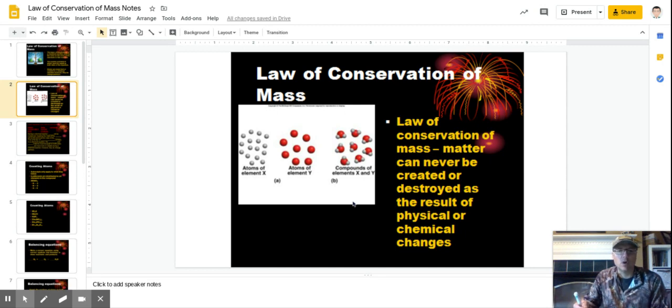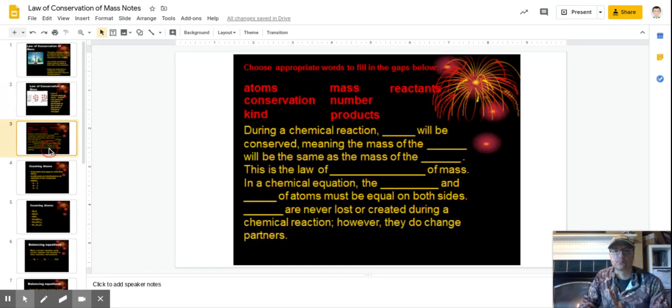We didn't have element Y on the left, and then all of a sudden element Y on the right disappeared and didn't exist. So that's what it means by created or destroyed. Whatever you start with, you have to end up with. The difference is that they will rearrange themselves to form those new substances. So the compounds that we produced here, even though they contain the same elements, are new substances.